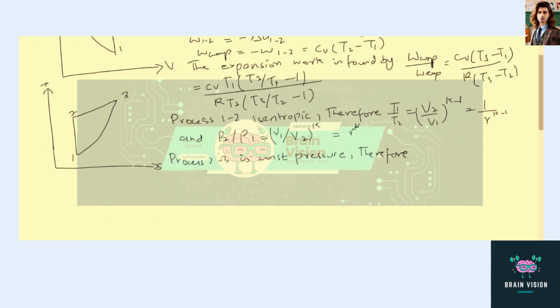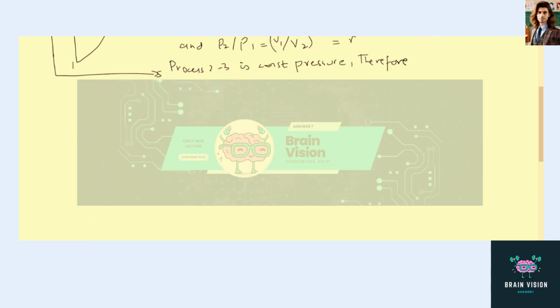Therefore, P3V3 divided by T3 is equal to P2V2 divided by T2. From here, T3 divided by T2 is equal to V3 divided by V2, that is V1 divided by V2, which is equal to R.